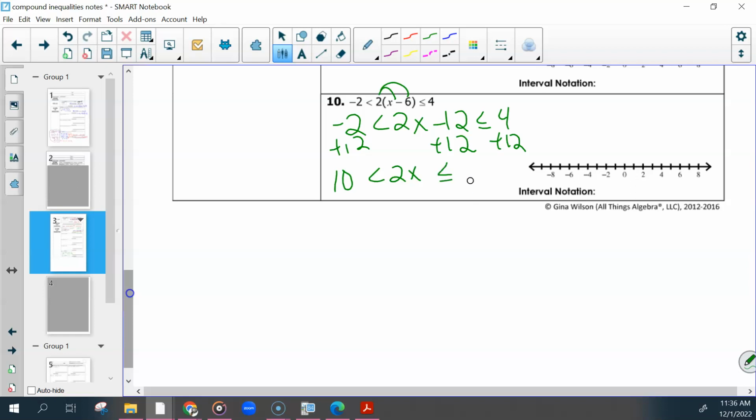I didn't add 12, sorry, 16. Great, and then from there we're going to divide everything by 2, so that we have 5 is less than x, which is less than or equal to 8.